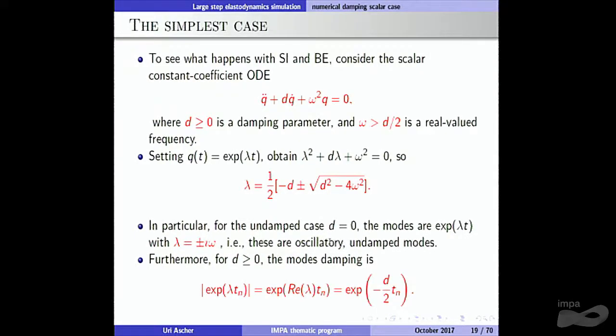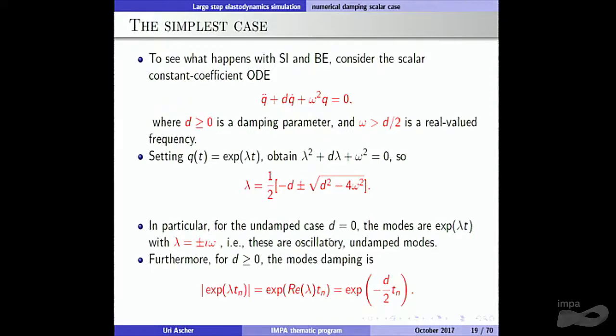We assume that this omega is large enough, and so we can do an ansatz. We can assume that the function Q is exponent of lambda t, and lambda is an unknown.